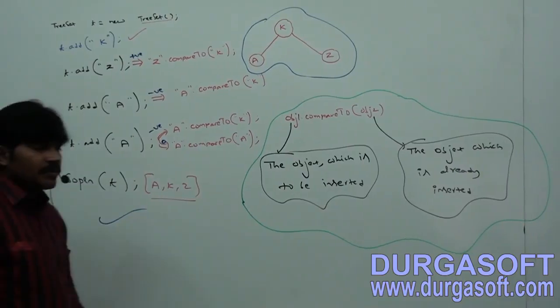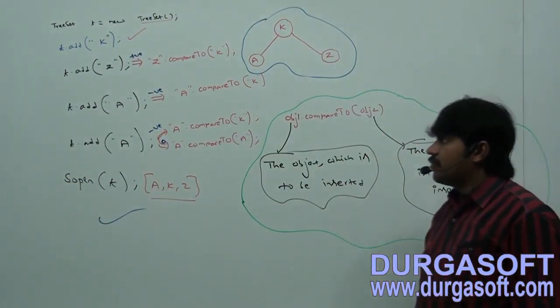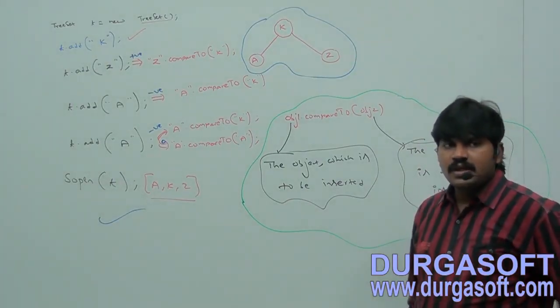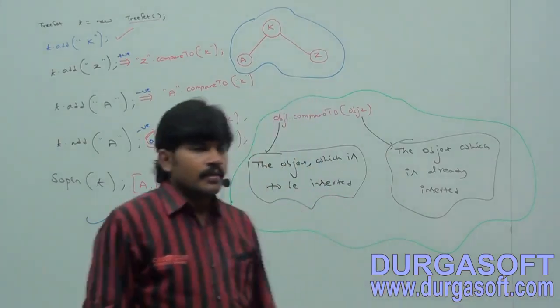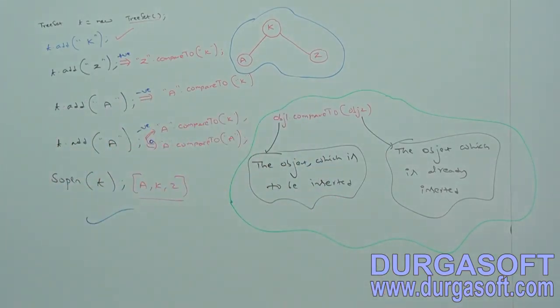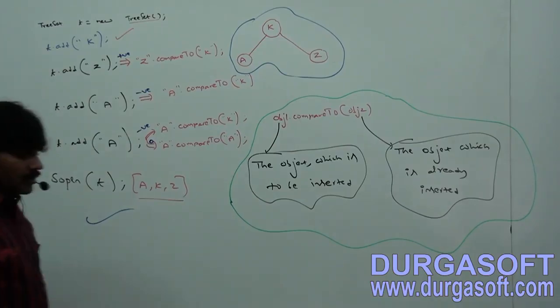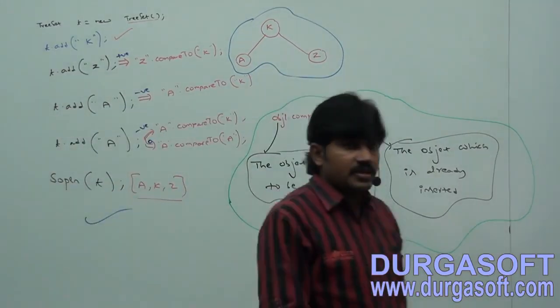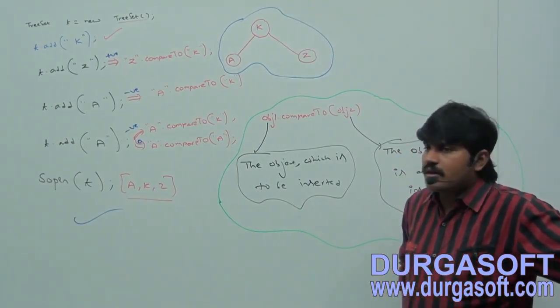TreeSet t = new TreeSet. t.add("k"). Next t.add("z"). Next t.add("a").